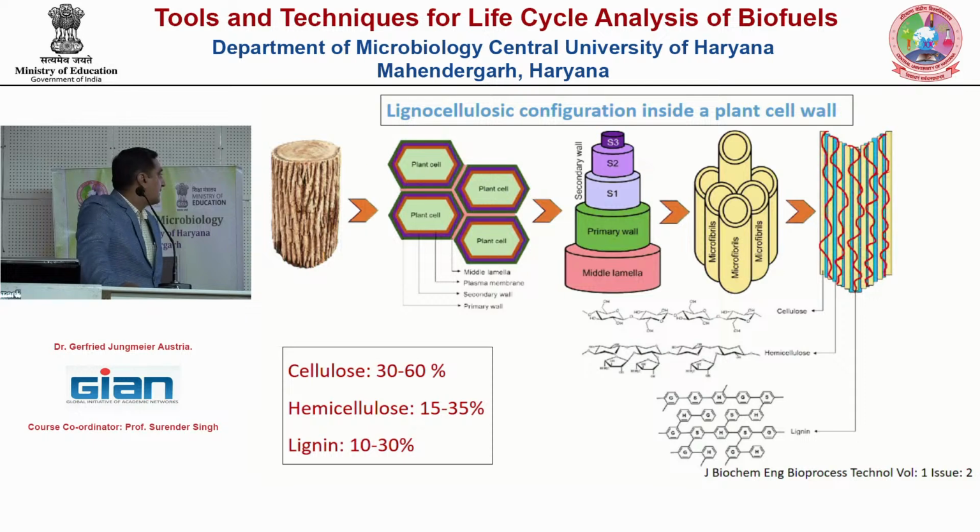The cellulose composition in the cell wall is around 30 to 60%, varying from source to source, and next is hemicellulose, around 15 to 35%, followed by lignin and then pectin. So these are the constituents.